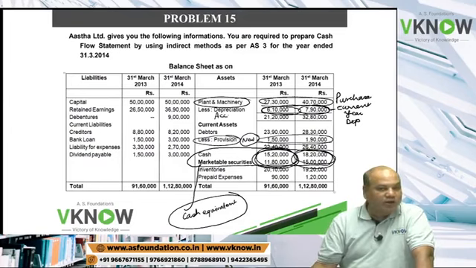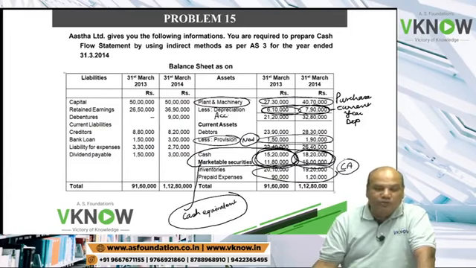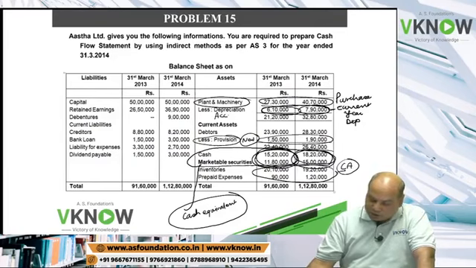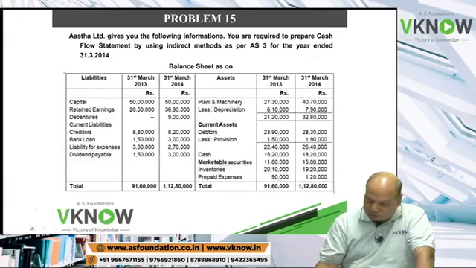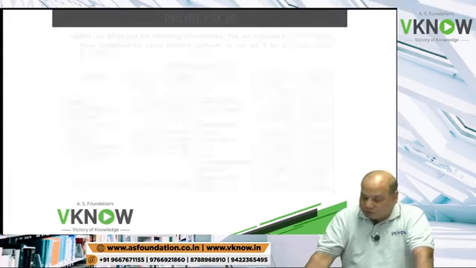Cash plus marketable security together will be cash equivalent. Then inventory and prepaid expense will come in change in current assets. Any query on this question till now?